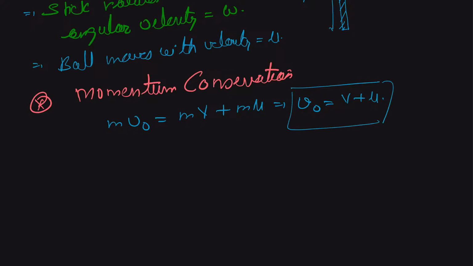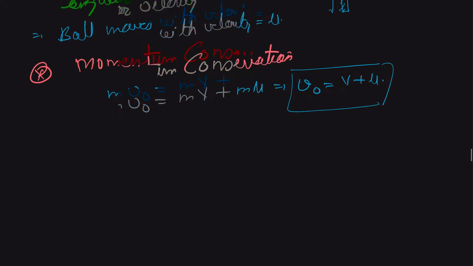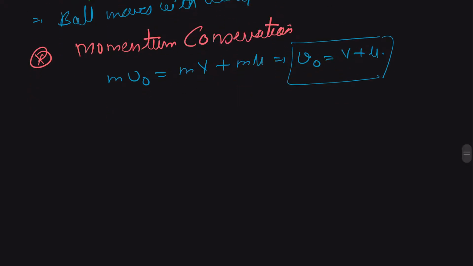Here v naught is our initial velocity of our center of mass.